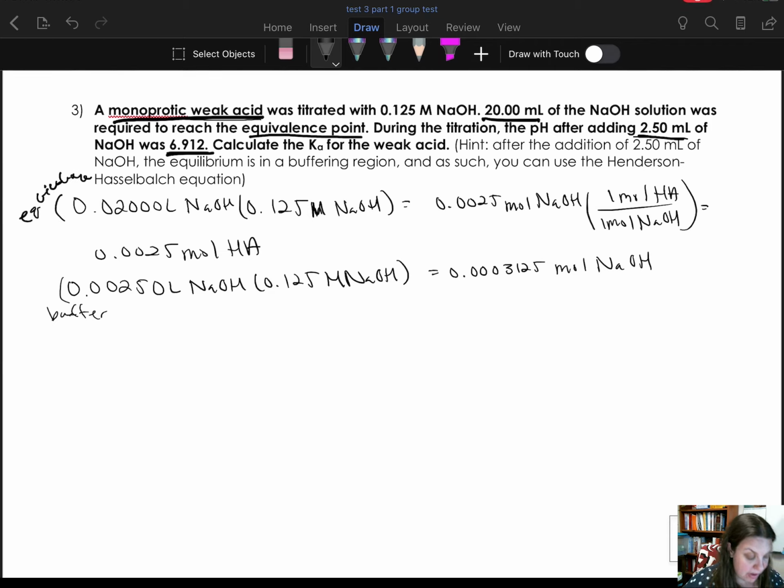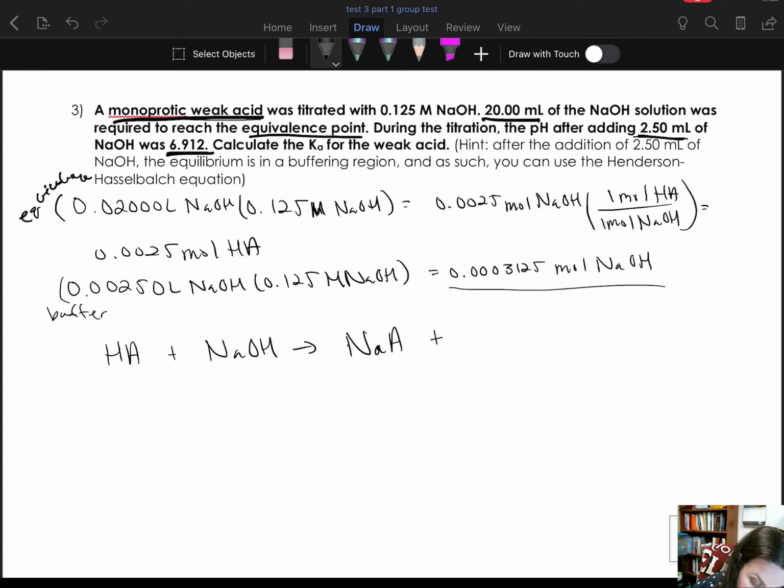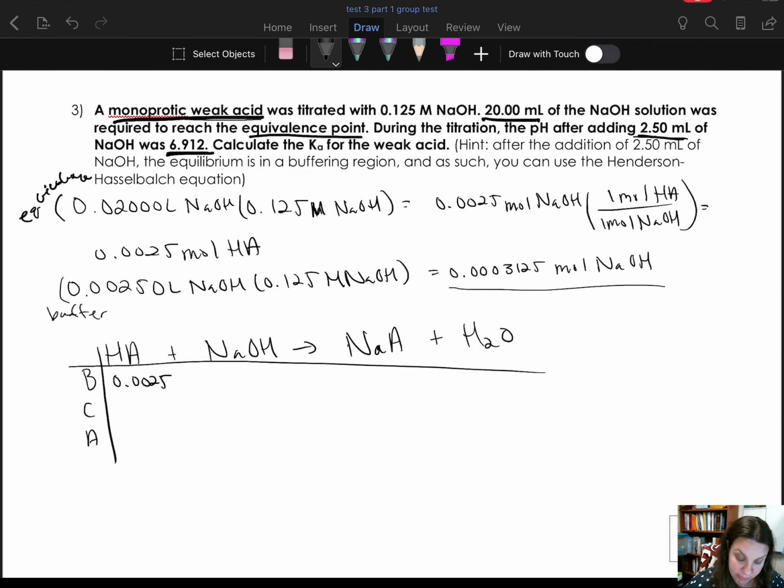So using these two pieces of information, I can figure out what my Ka value is by using my Henderson-Hasselbalch. So first I need to figure out how many moles of HA are left over after this reaction. So my weak acid reacts with sodium hydroxide to produce my salt and water. I know I start out with 0.0025 moles of my weak acid because that's how many moles there were at equivalence.